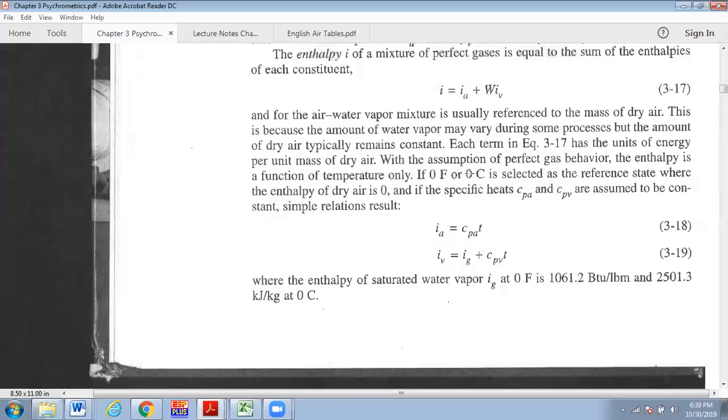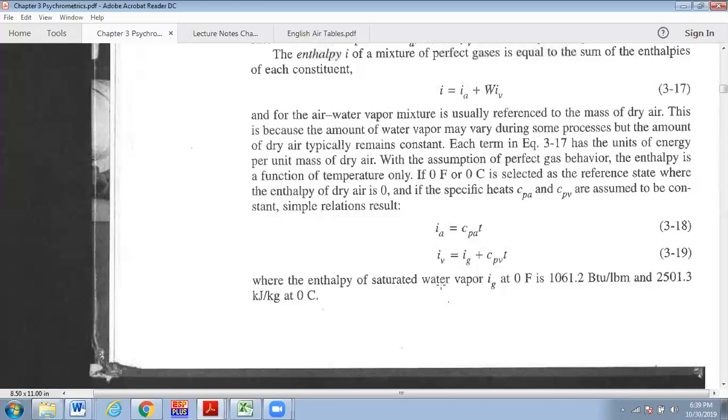If you're doing it in degrees centigrade, 0 there is the reference. So this is really a delta enthalpy, but the second temperature is selected to be 0, so you don't have to publish it. This is how we're developing a nice little handy expression that can be programmed for enthalpy of moist air. And this is how we'll do the contribution of the dry air.